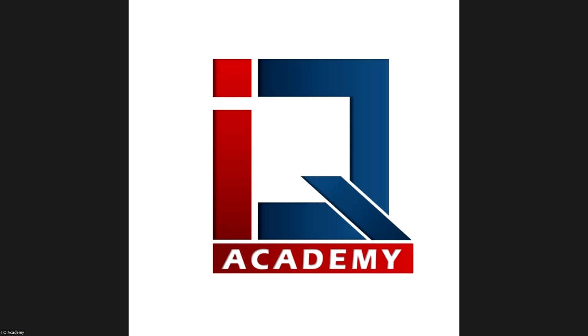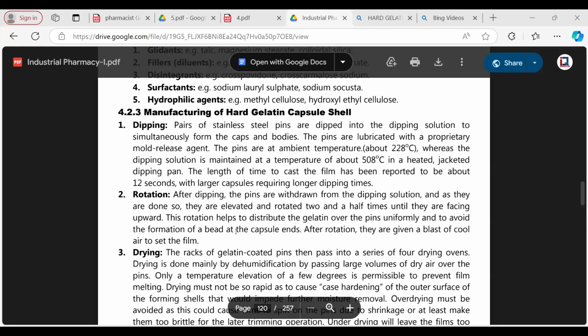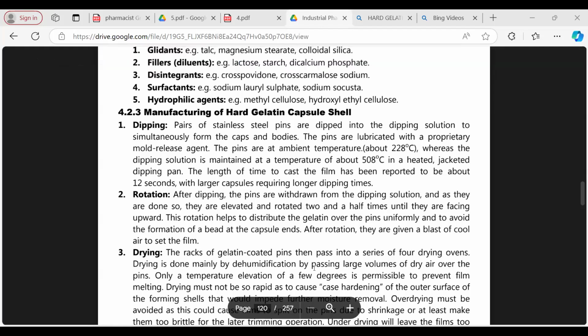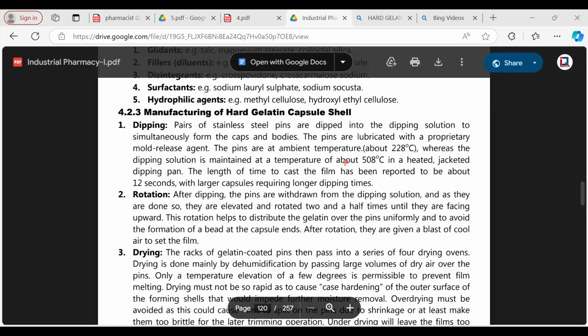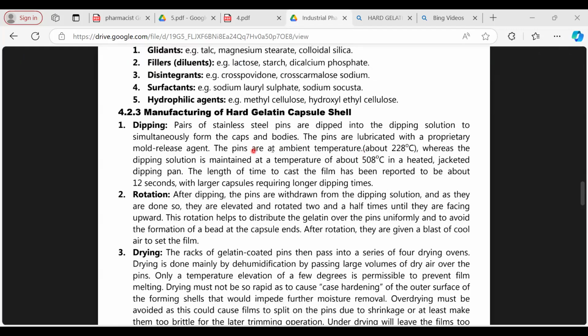So just now we said dipping is done. Up to dipping, the major things we need to focus on are certain conditions like temperature. The pins are at the ambient temperature, about 22 degrees centigrade, whereas the dipping solution is maintained at a temperature of 50 degrees centigrade in a heated jacketed dipping pan.